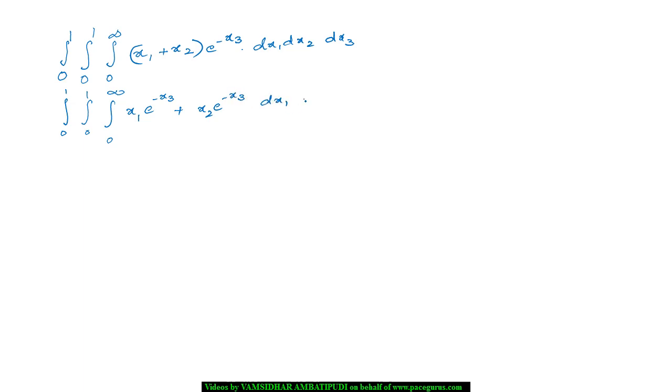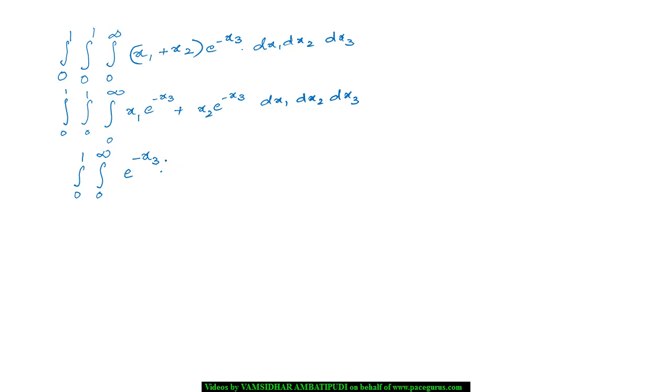dx1 dx2 dx3. Now first let me integrate with respect to x1, right? So this is between 0 and 1. So this will remain 0 to 1, 0 to infinity. Because I am integrating with respect to x1, it is e to the power of minus x3 times x1 squared by 2.